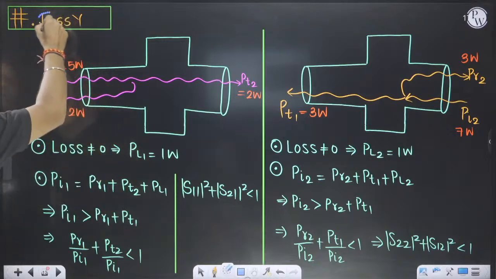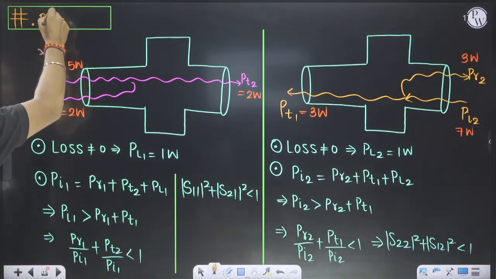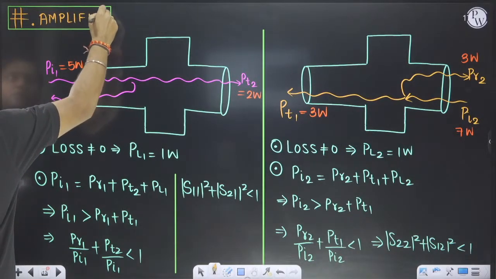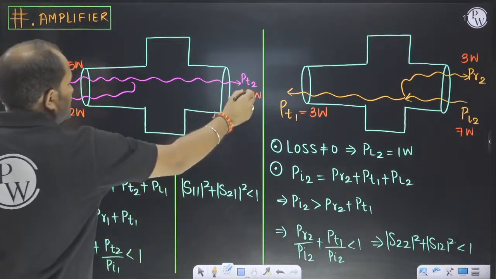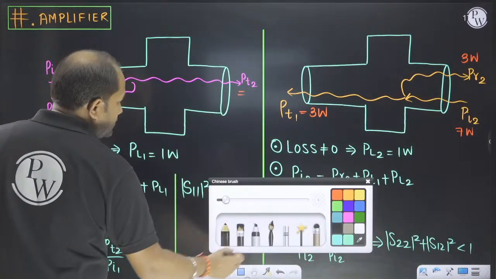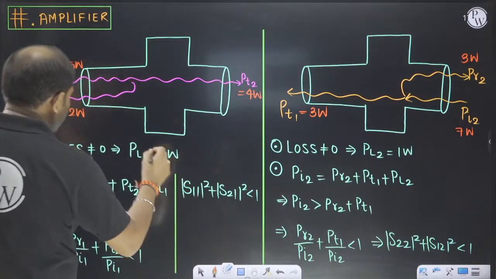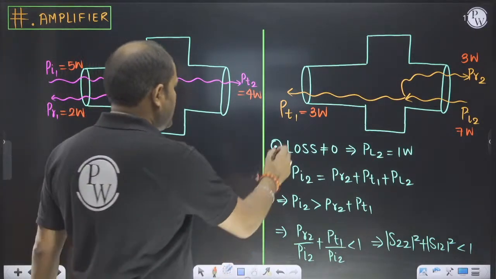What is the condition for amplifier? So for amplifier we will see. What happened with amplifier? This one is equal to 4 watt. Yes sir. And this one is 5 watt.